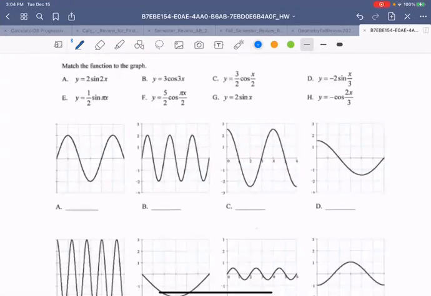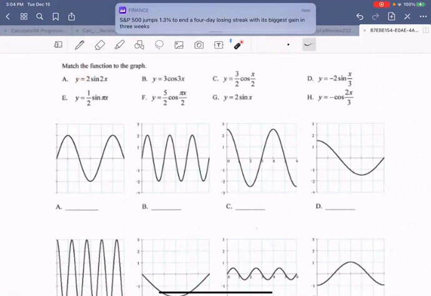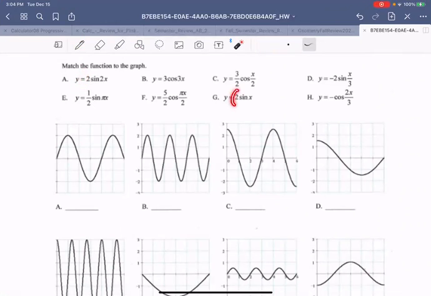Match the function to the graph. Well, this is the same one as Clement's review. So we want to find out that this is amplitude of 2. This guy is also amplitude of 2. These two are so similar, right?